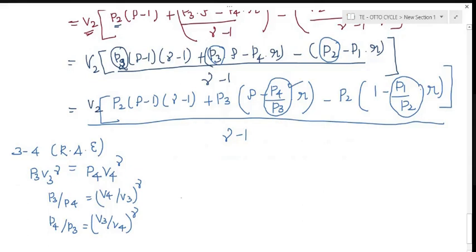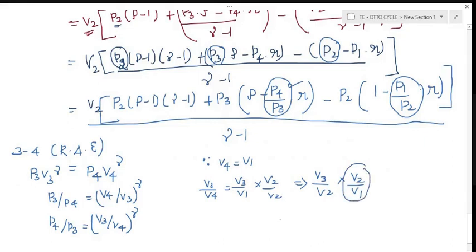Already you know that because of the constant volume process, V4 equals V1. So V3 divided by V4 equals V3 divided by V1, simply multiplying numerator and denominator by V2 divided by V2. So we form V3 divided by V2 into V2 divided by V1. We know the compression ratio is V1 by V2, and V3 by V2 is nothing but rho, the cutoff ratio.